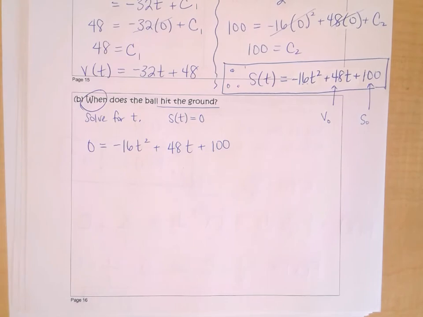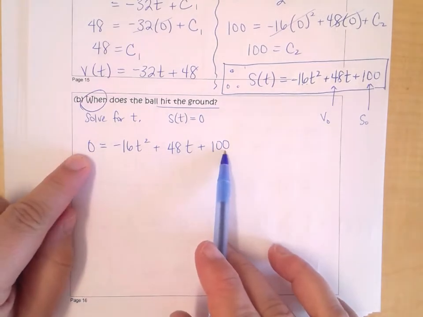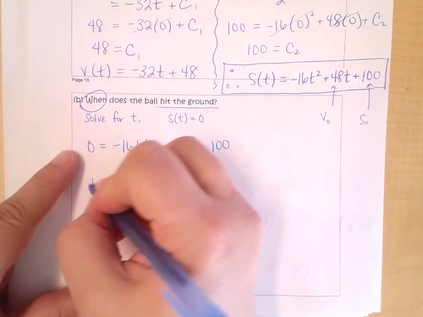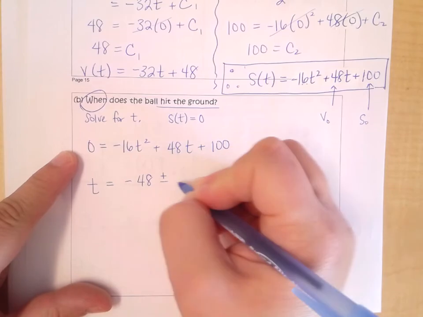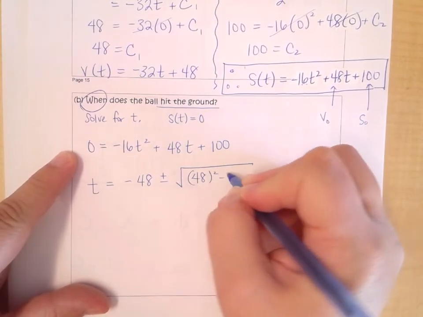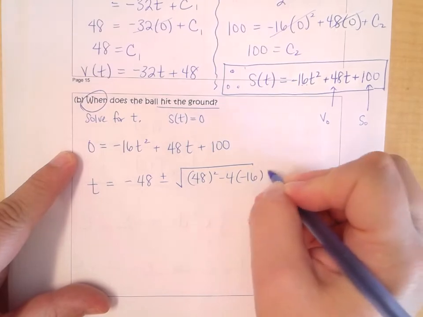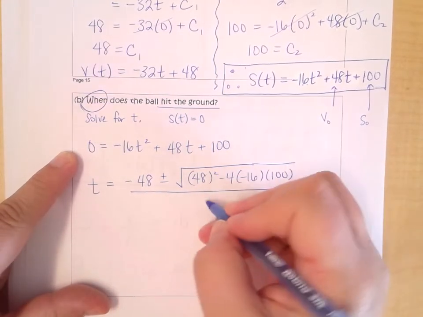Quadratic formula. t equals negative b plus or minus the square root of b squared minus 4ac all over 2a.